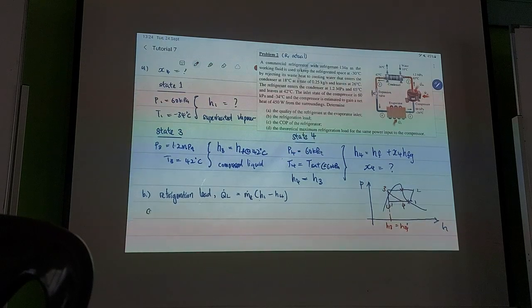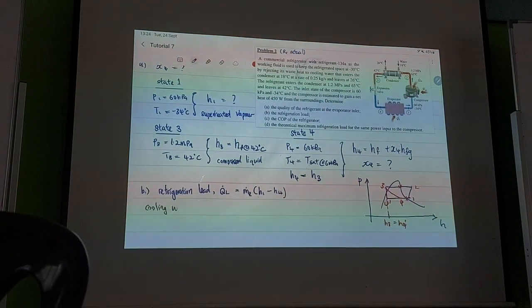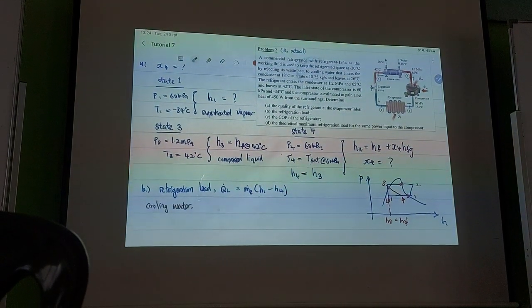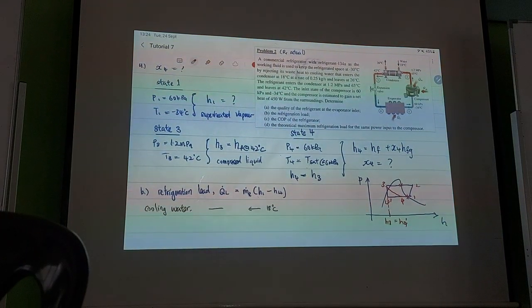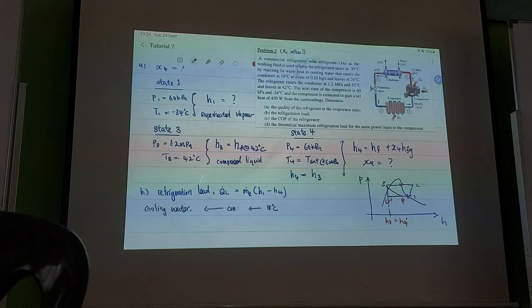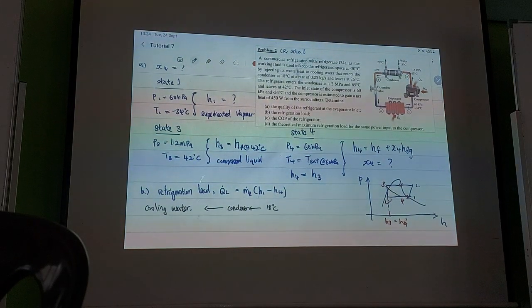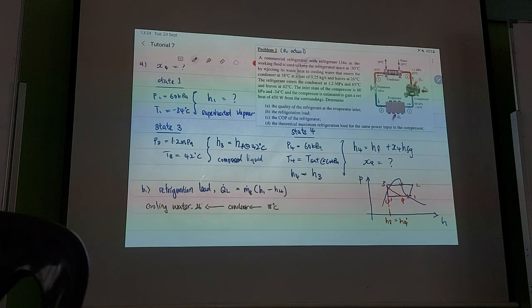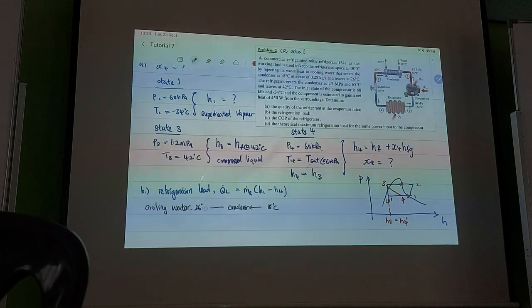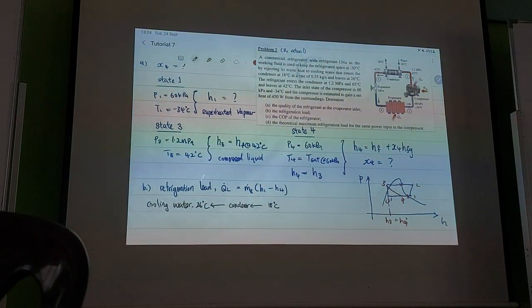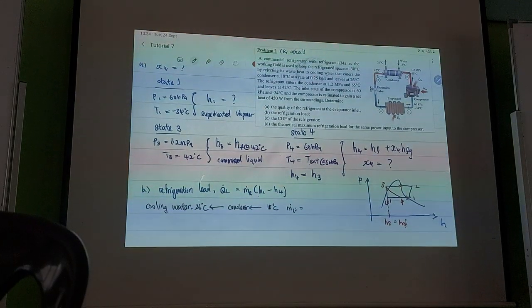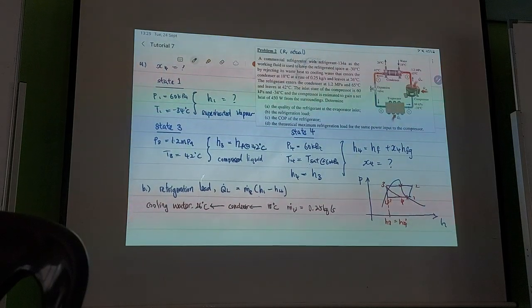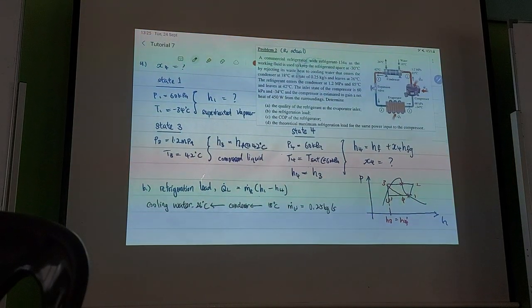For the cooling water, we know that it enters at 18 degrees Celsius and leaves the condenser at 26 degrees Celsius. The mass flow rate of the water is 0.25 kilogram per second. So that's what we know, right?